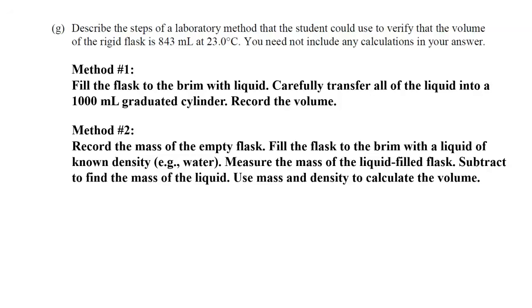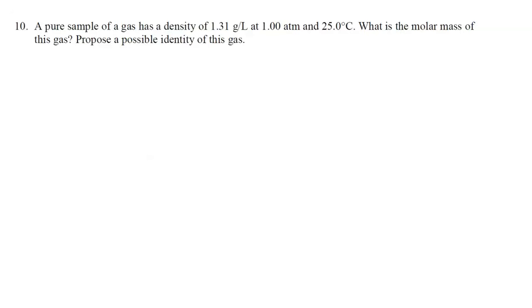And if you know the mass of the liquid that filled that flask, you could use mass and density to calculate volume. So you could take the mass, divide by the density to calculate the volume. All right, well, that's the end of this particular question. That was part G. Now, let's take a look at question 10 in your packet.